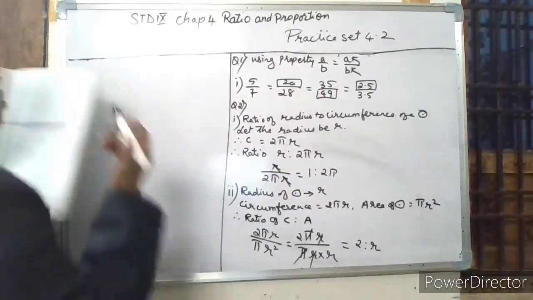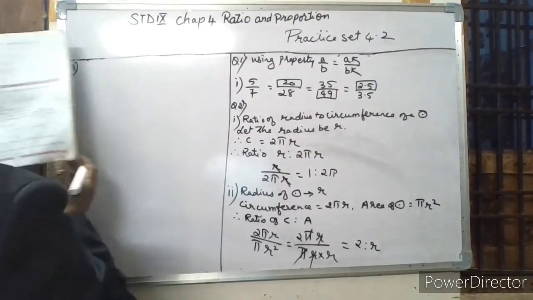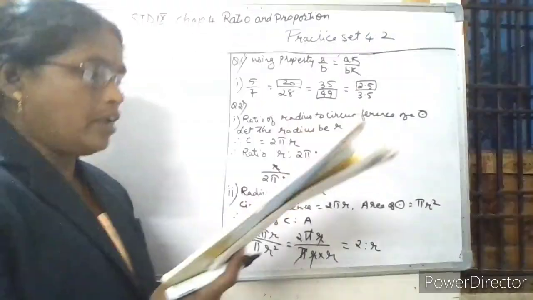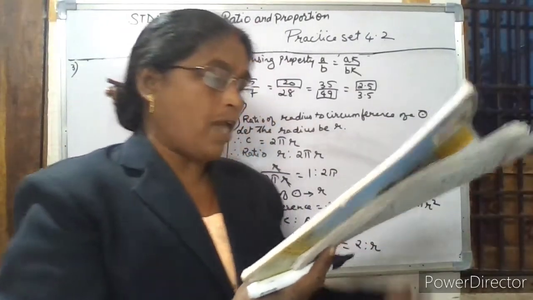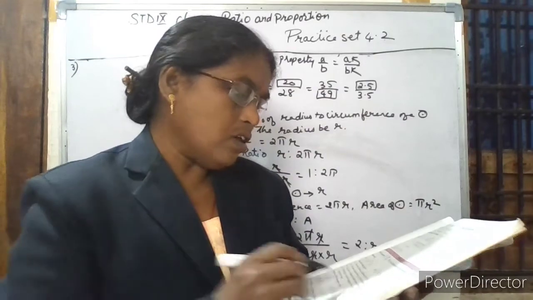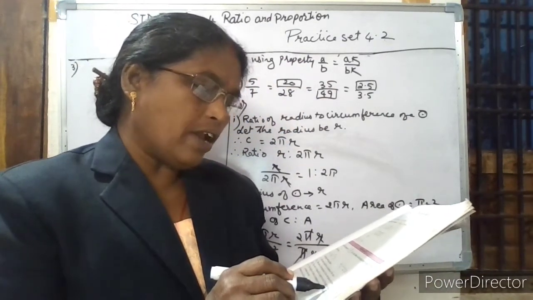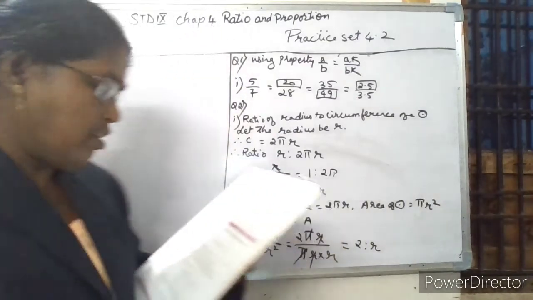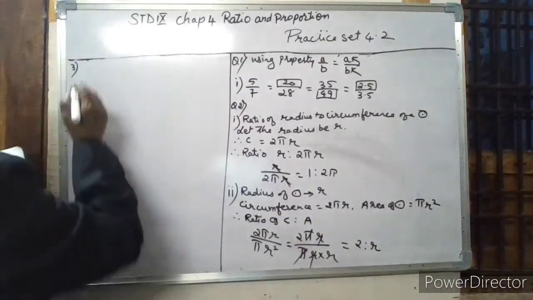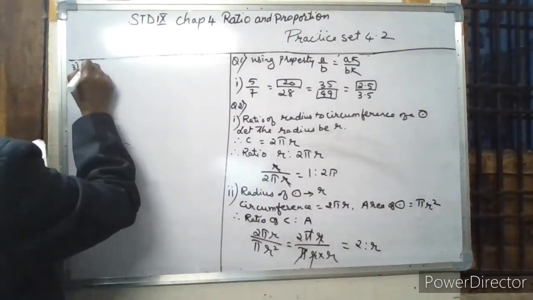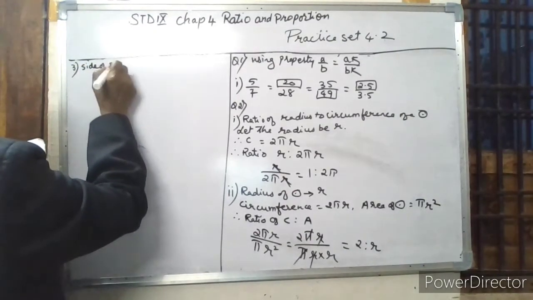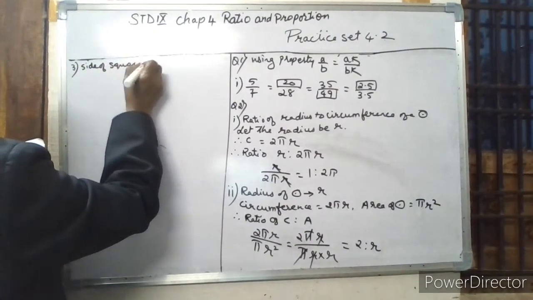Now let us go with the third one, that is the ratio of diagonal of a square to its side, if the length of a side is 7 centimeters. So, side of square given is equal to 7 centimeters.